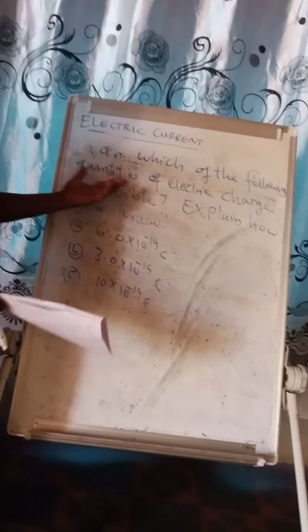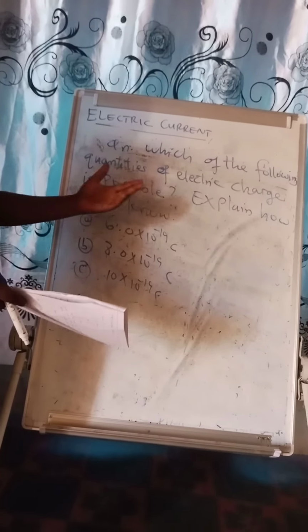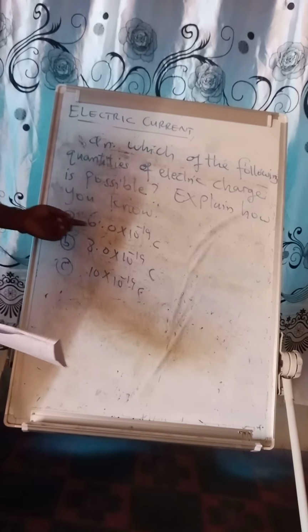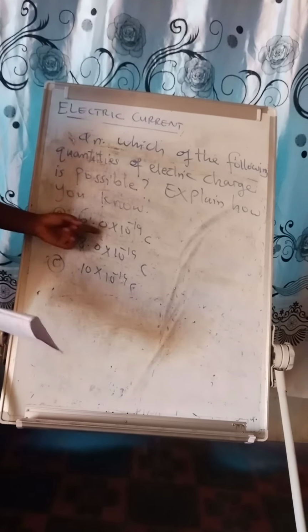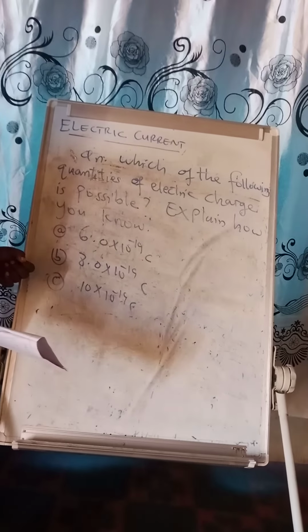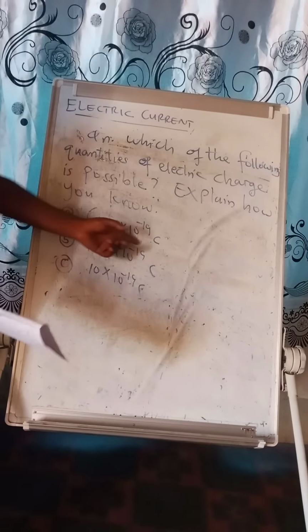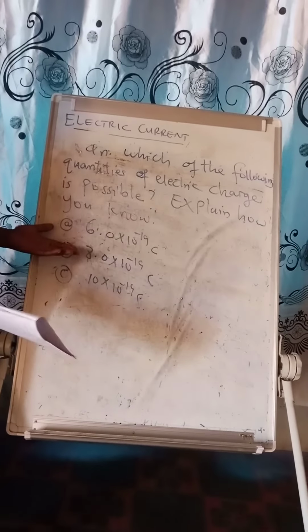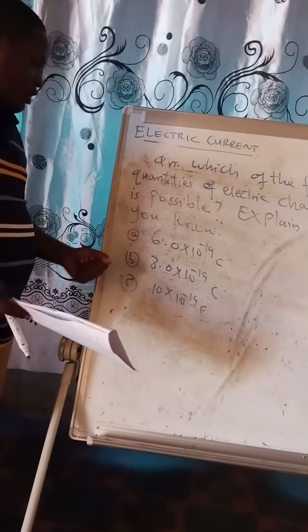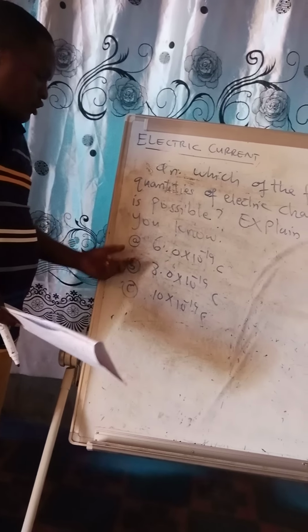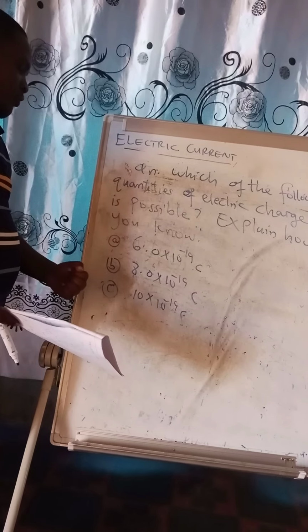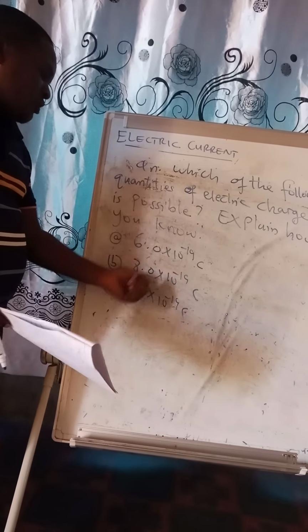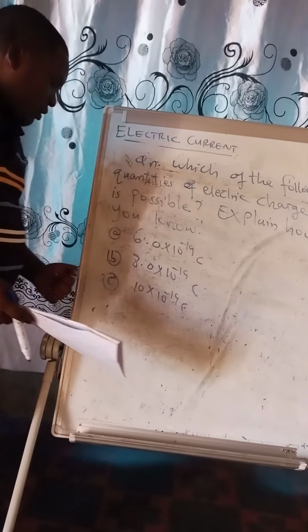Which of the following quantities of electric charge is possible? Explain how you know. A is 6 times 10 minus 19. This is not possible, because if I divide by 1.6, it will not give an integer multiple. Again, B, which is 8.0, is also not possible. If we divide by 1.6, it will not give us an integer multiple.